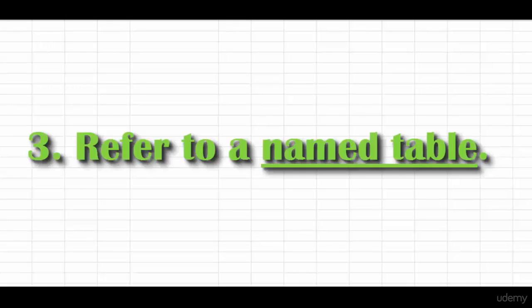The reason for this is that you can refer to the table as your search range, but a table is dynamic. So if you want to add or delete rows from the table later, you'll still be able to find those rows using VLOOKUP. And if this doesn't make sense to you right now, that's fine. I will go into this as we go.